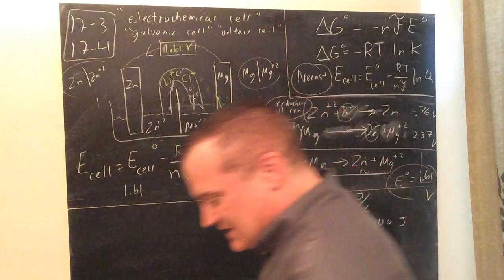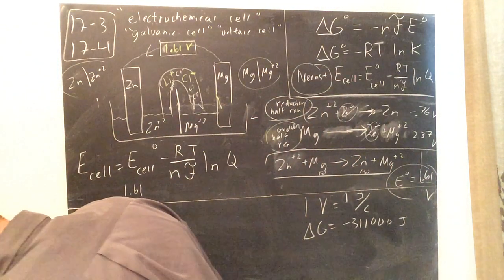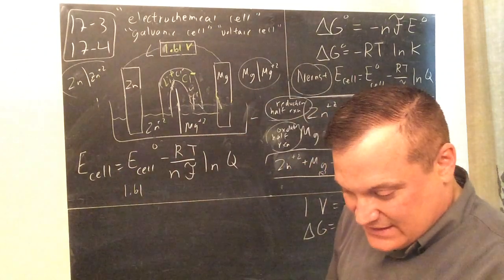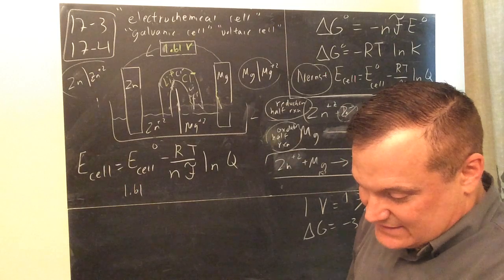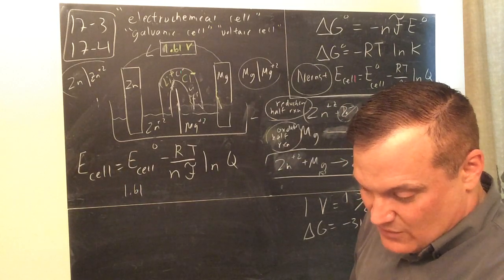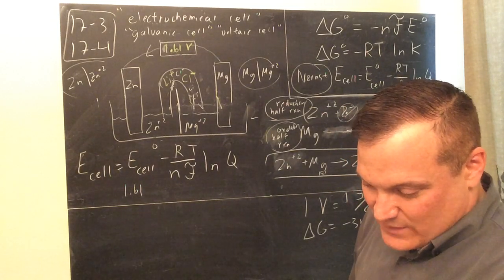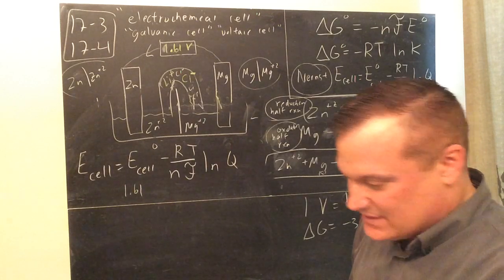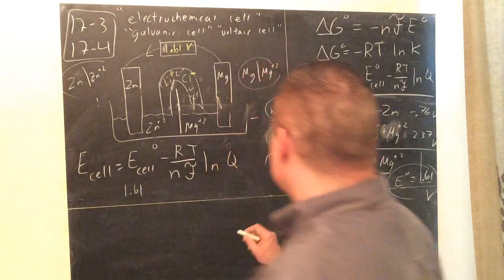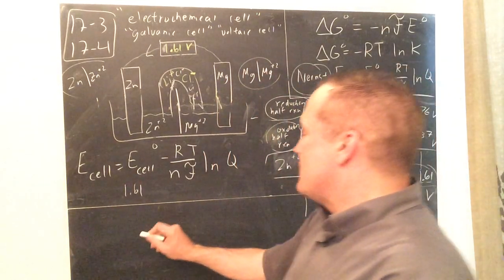So here's what it says in letter E. It says another cell is constructed identically except the concentration of zinc is 2 molar and magnesium is 0.750 molar. Determine the value in volts of the cell potential. So remember the K expression. Well, first of all, let's look at that.